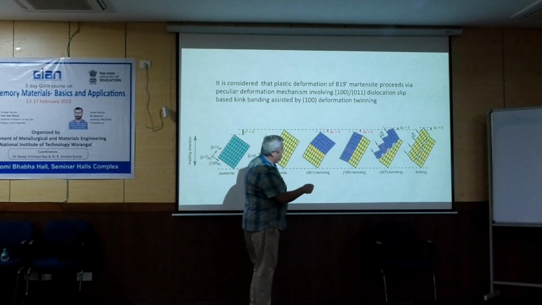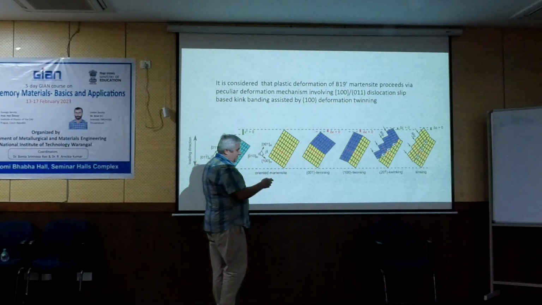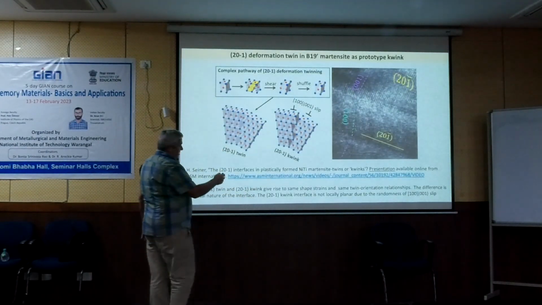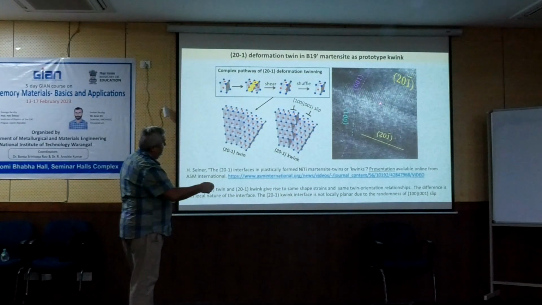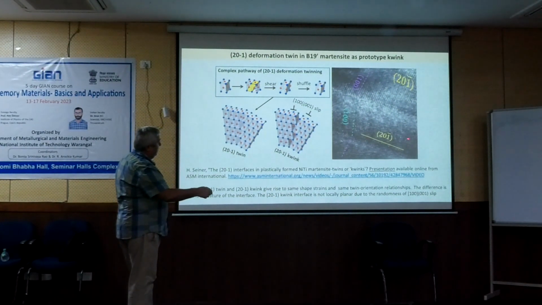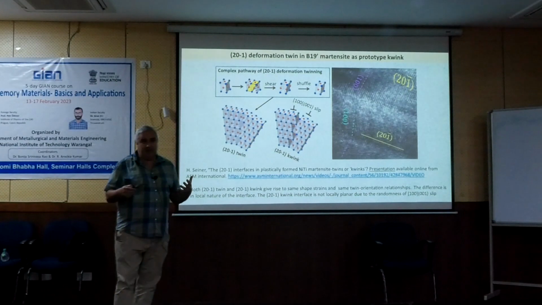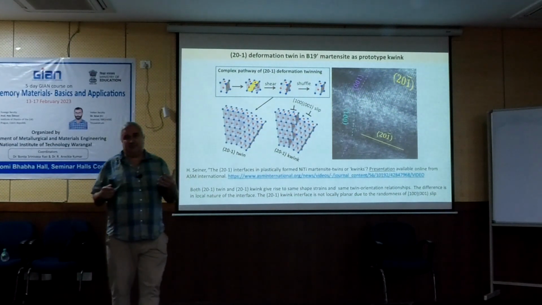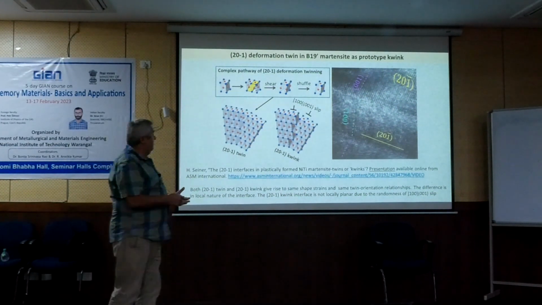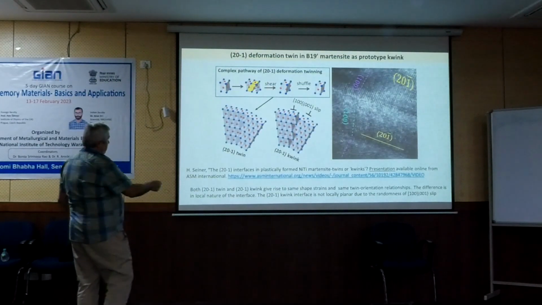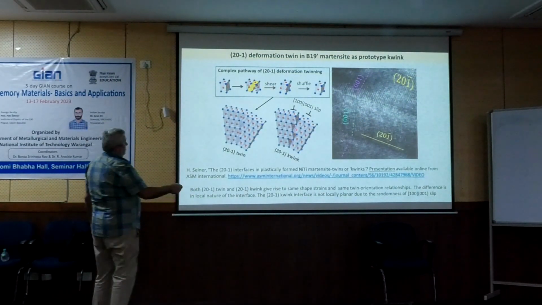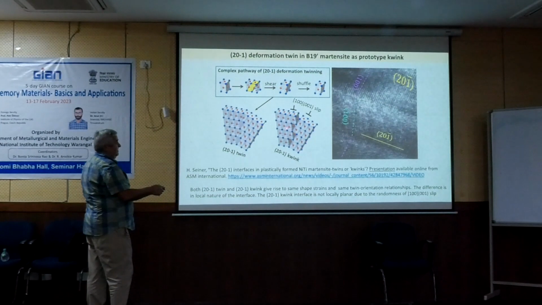Okay? So this process will create a twin, and at the same time it will immediately slip, so it will create a band which would look like a twin band, but it's not created by twinning, but via a combination of twinning and slip.